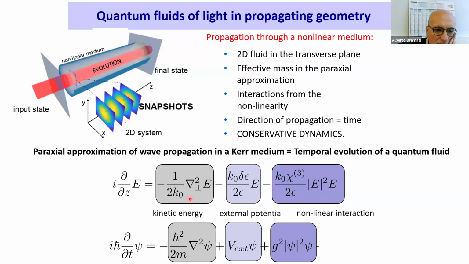Now, there is an important difference here, because you can see the derivative is with respect to z and not with respect to the time. So this means that in this system, in which we have this propagating geometry, the direction of propagation is equivalent to an effective interaction time.